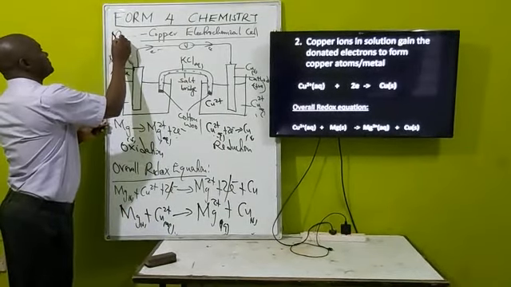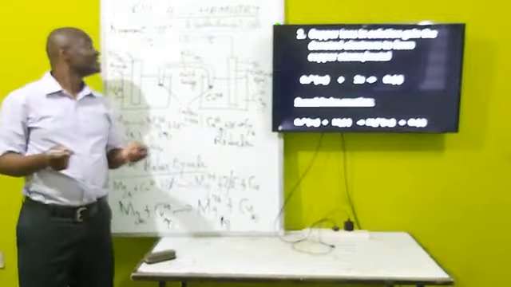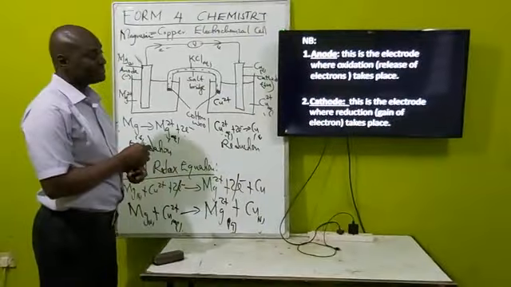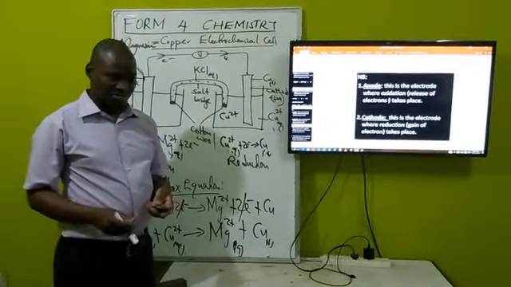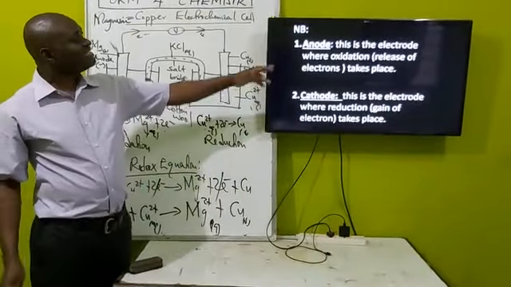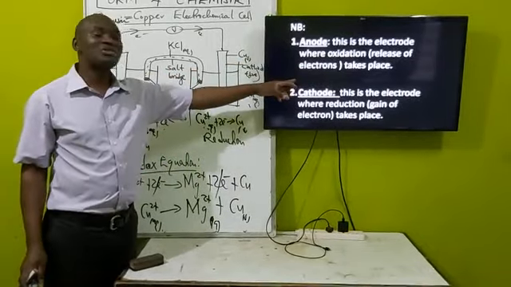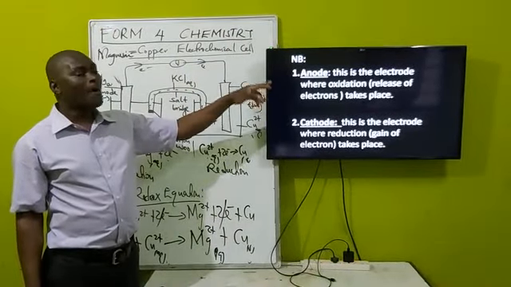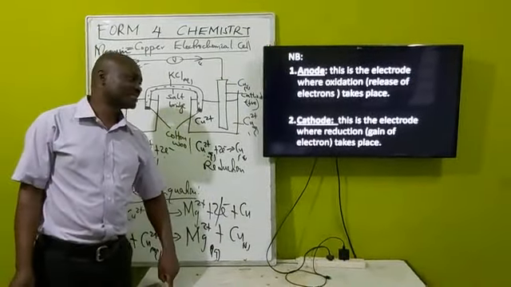The overall redox equation for that magnesium copper electrochemical cell. So we should note that the anode is the electrode where oxidation or release of electrons takes place.